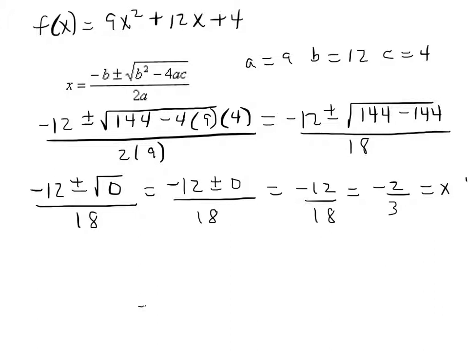Remember that this means that the graph will only cross the x-axis in one place, and that place is at negative 2/3, which means that this must be the vertex also, so the graph will be touching the x-axis at the point negative 2/3 comma 0. So the vertex of my function is negative 2/3 comma 0.